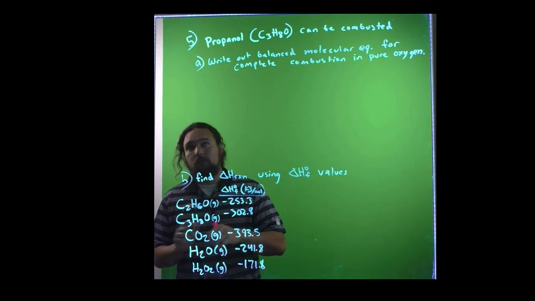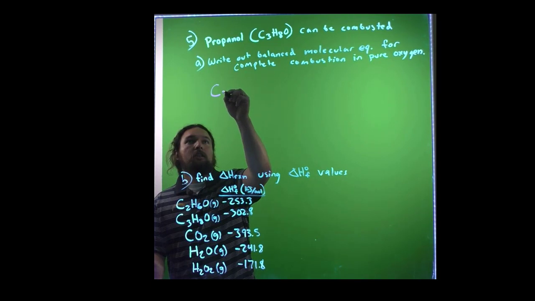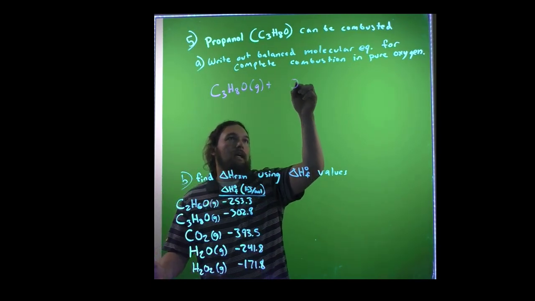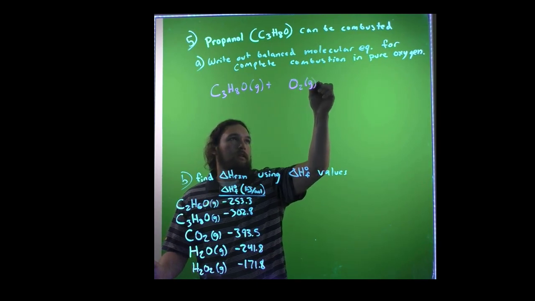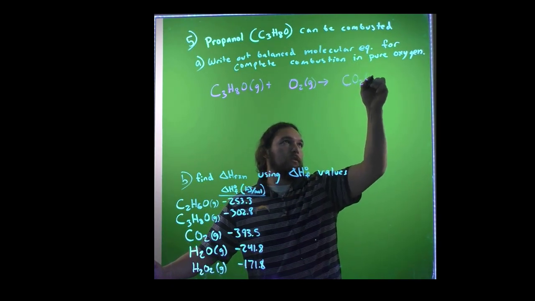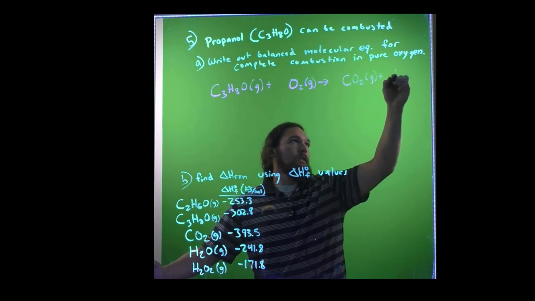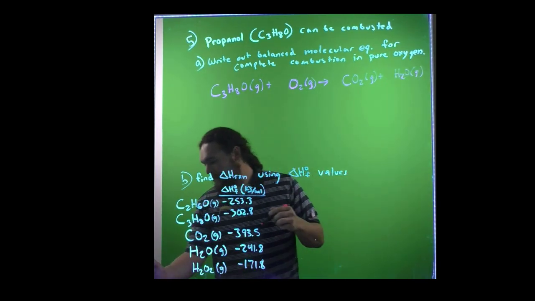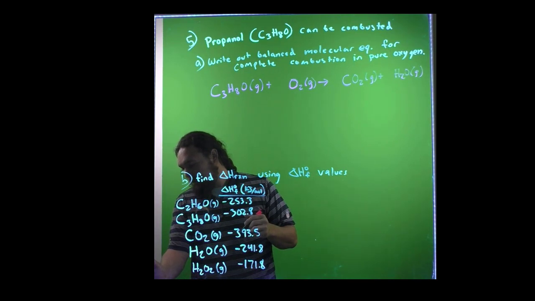So what we'll do is we'll start off with C3H8O gas, and in a combustion reaction we add O2 gas, and the products of a complete combustion are CO2 gas plus H2O gas.